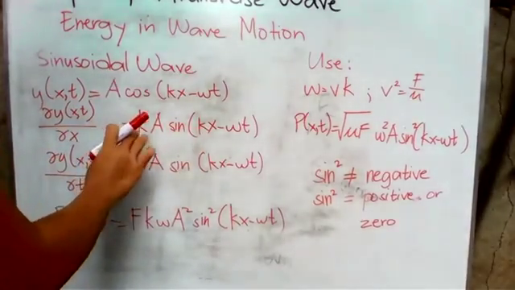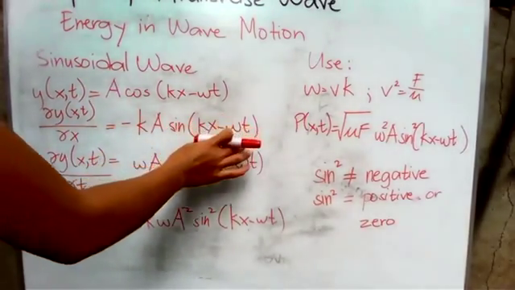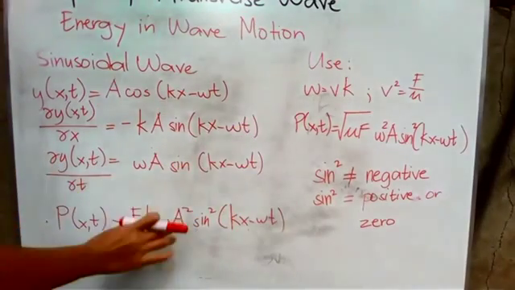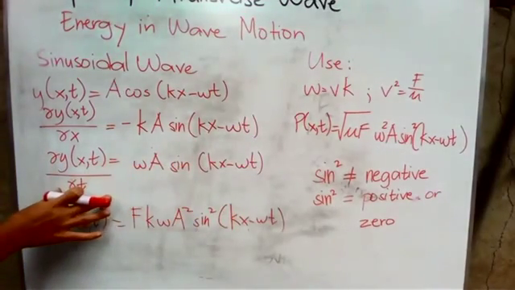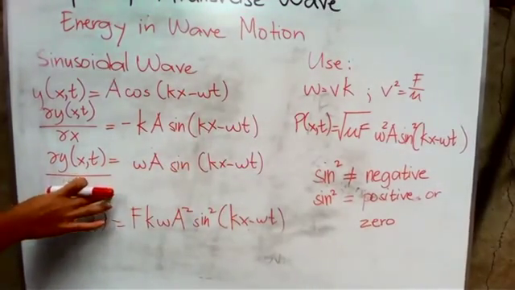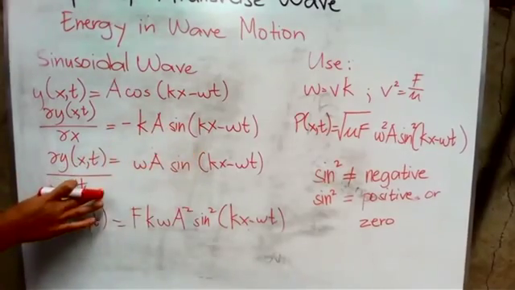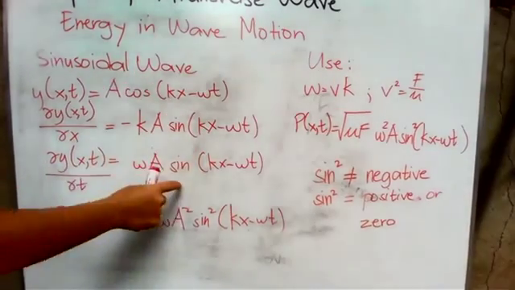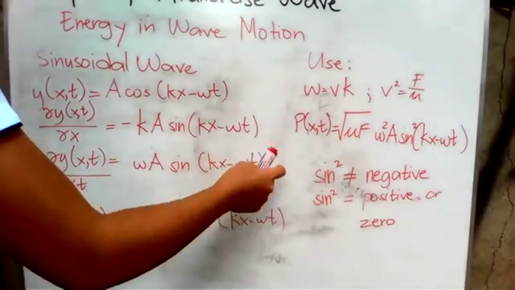So we have negative k a sine of kx minus omega t, and then we derive the function with respect to t. So we have omega a sine of kx minus omega t.